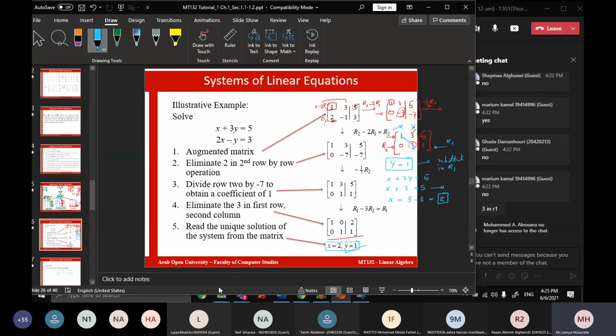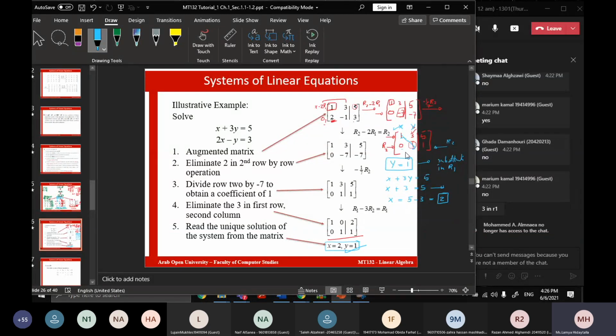But if I can solve when I reduce to the upper triangular form or lower triangular form, meaning I have the diagonal, either numbers here and zeros down, or the numbers here and here and zeros elsewhere. If you can reduce it to that form, you're done. Immediately you can get the solution. And we will see later other examples.